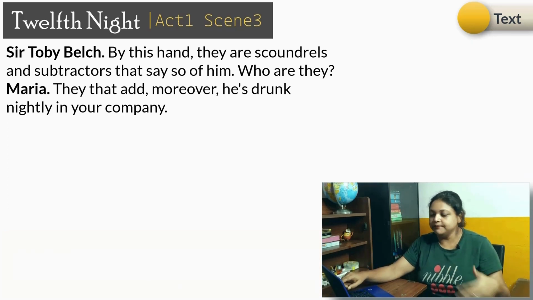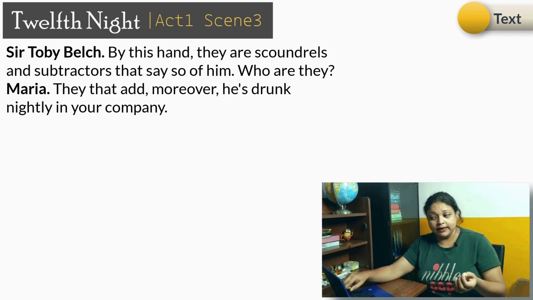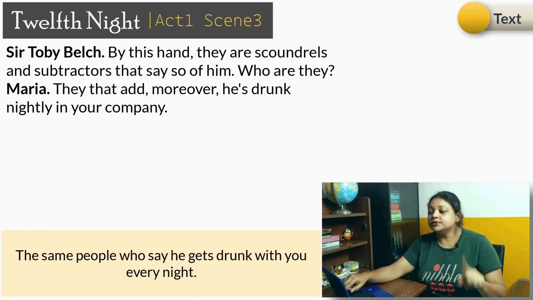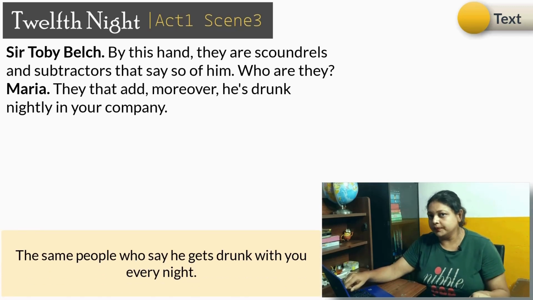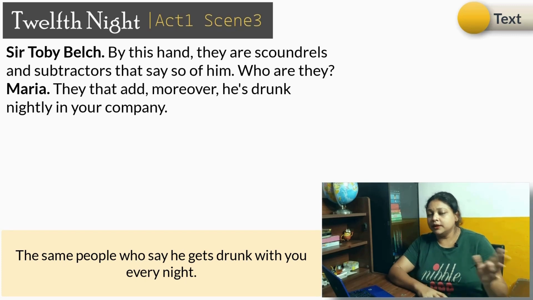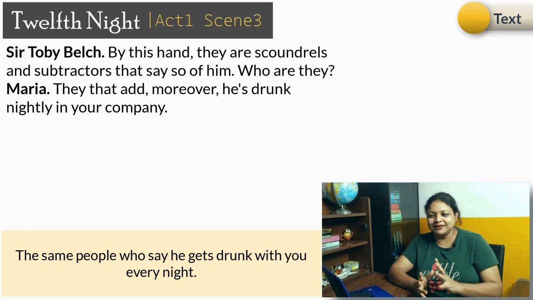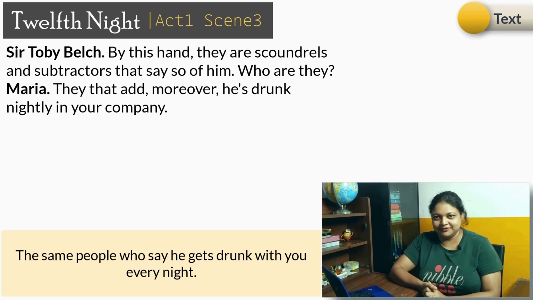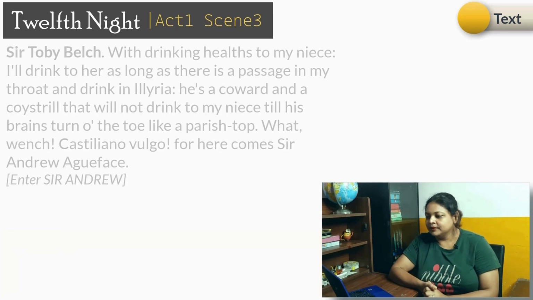Maria doesn't mention the names. She just says, they that add, moreover, he is drunk nightly in your company. So Maria is saying that, yes, they also know that you are his drinking buddy. So this is how Maria is actually accusing Toby of being with a foolish person all the time.